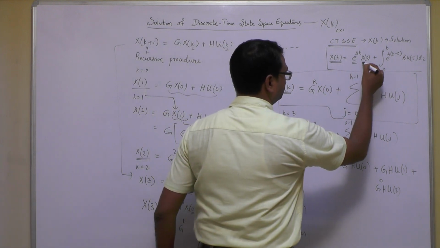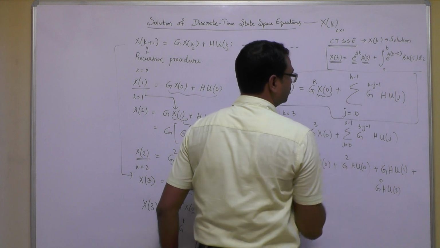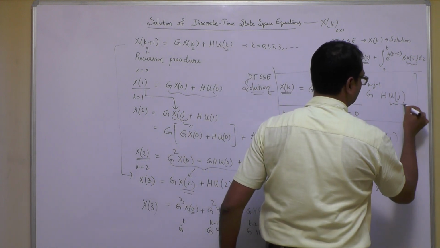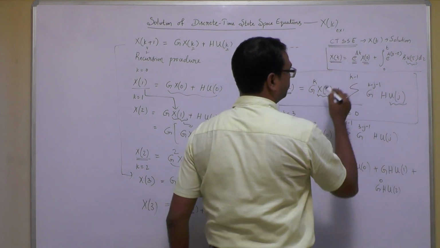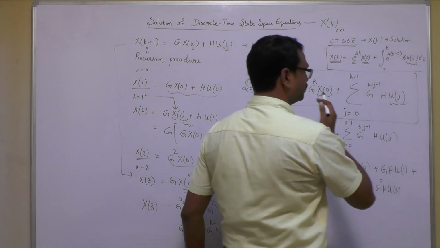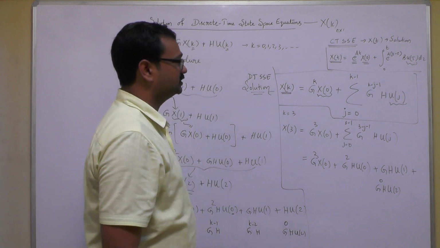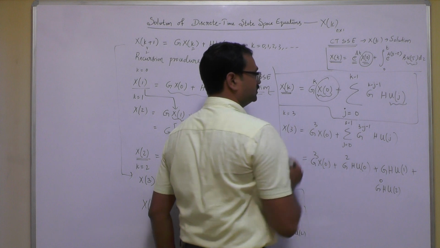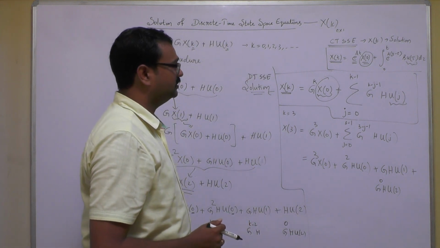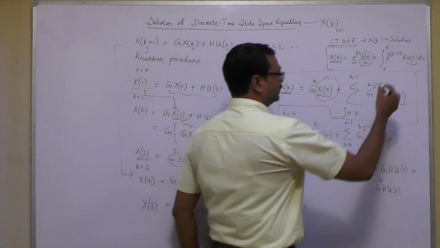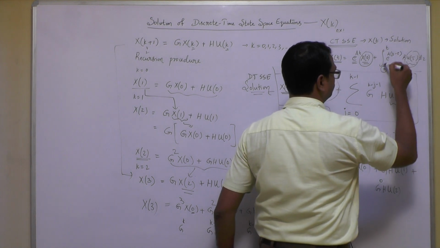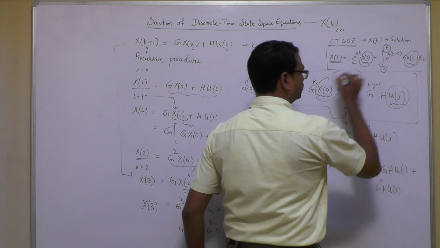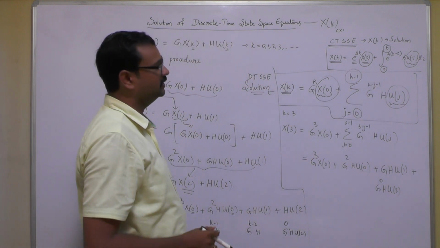And e power At x0, you can see this x of 0, and you can see u of t and u of j from 0 to k minus 1; this is 0 to t, which is always less than the time that we are considering. So initial conditions here are considered in both the continuous time and discrete time systems, and u of t from 0 to t and u of j from 0 to the instant before, k minus 1.